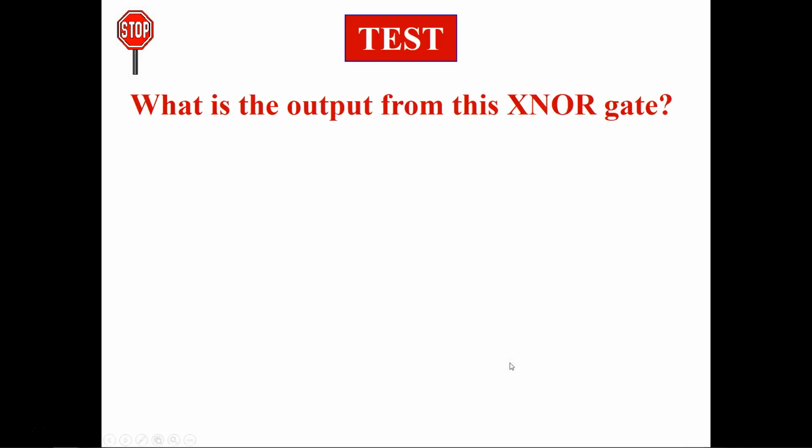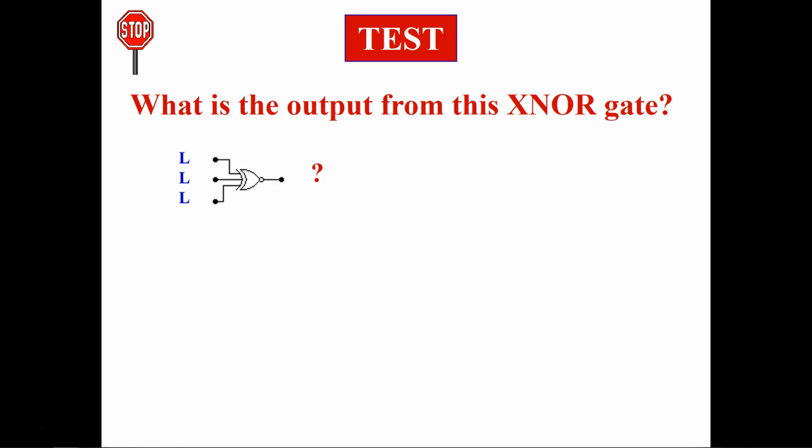So now let's do a quick test. If all the three inputs are low, by XNOR gate we know that the output of the XNOR gate is high when the inputs are the same and low when they are different.